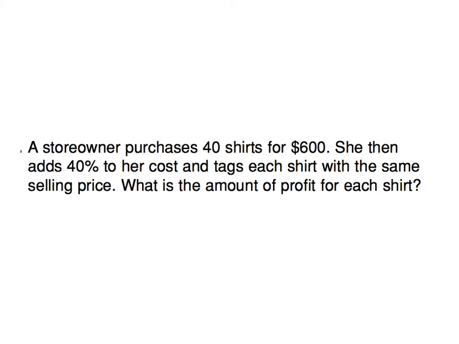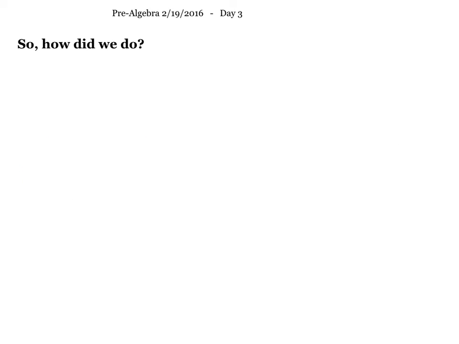Now, that's how much each shirt sells for. If we look at our original price of $600 and we divide that by 40 shirts, she paid $15 for each shirt. If she paid $15 for each shirt and sold them for $21, her profit for each shirt was $6.